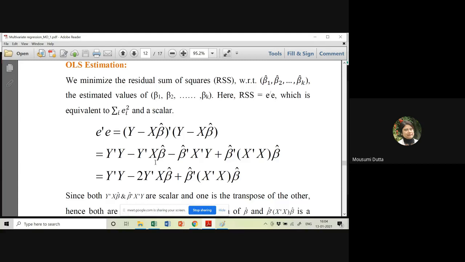So the transpose of the third term is similar to the second term. Let's look at the order of each and every term. Now, what is the order of y transpose y?